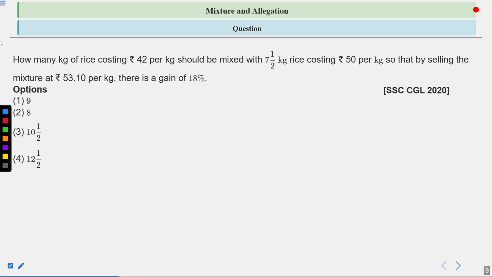First is 9, second is 8, third is 10 and a half, and fourth is 12 and a half kg. Now you have 10 seconds to analyze the question. Your time starts now. Now time's up. Let's see the solution of this question.